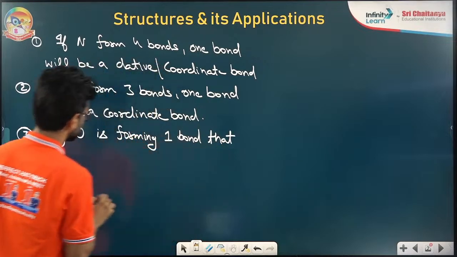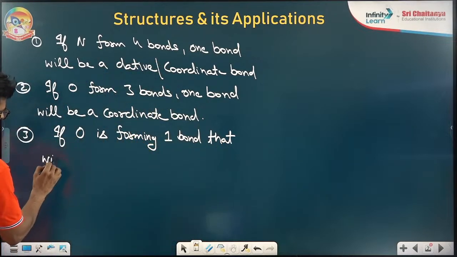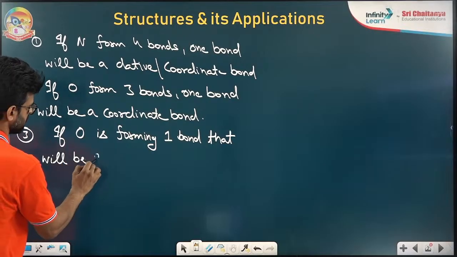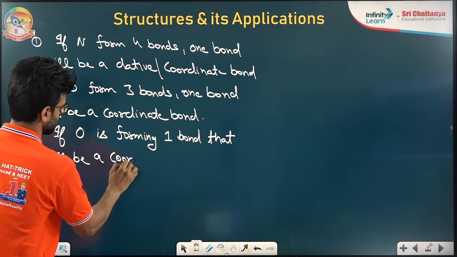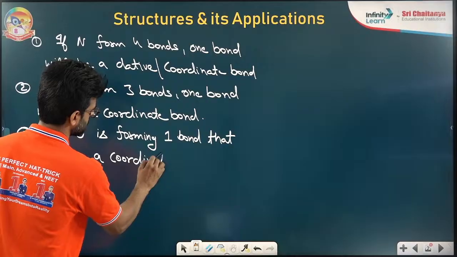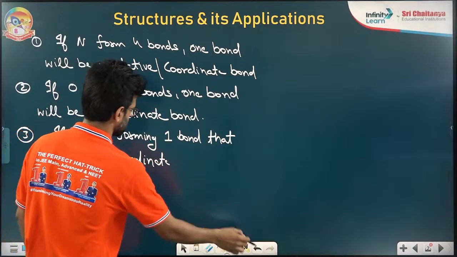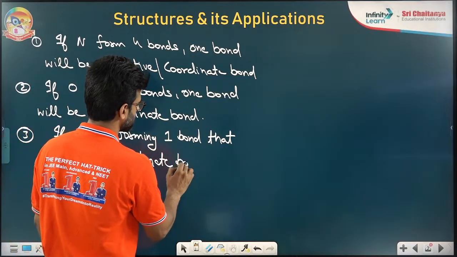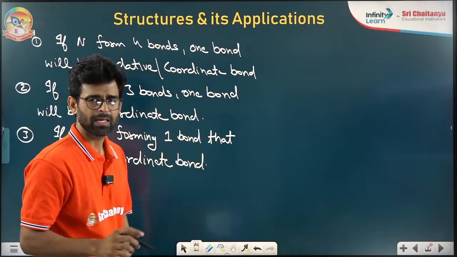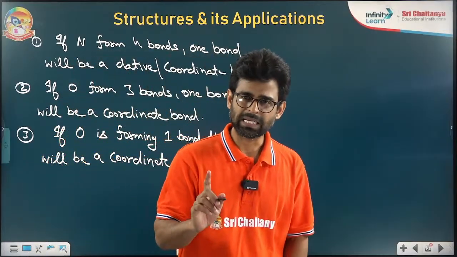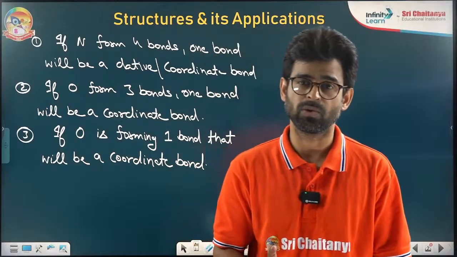I'll give you some examples. Remember, nitrogen as well as oxygen both belong to the second period, right? These belong to the second period and their maximum covalency can be 4 only.